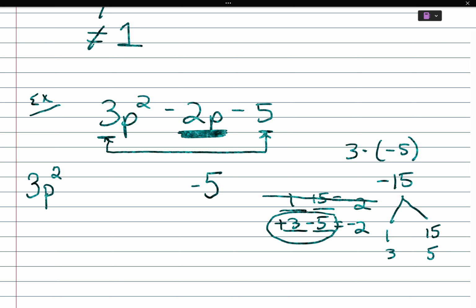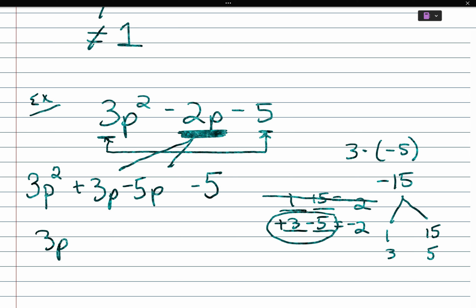I'm going to rewrite it using the +3, and don't forget the p, and the -5 that I've just found. So +3p and -5p is used to replace that -2p. So now I have 4 terms. So now I can go ahead and perform grouping.